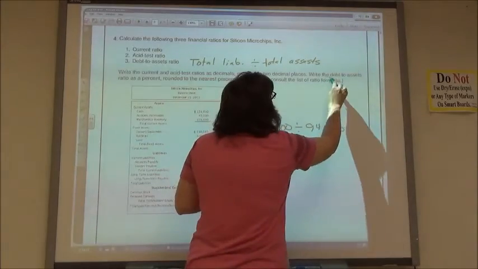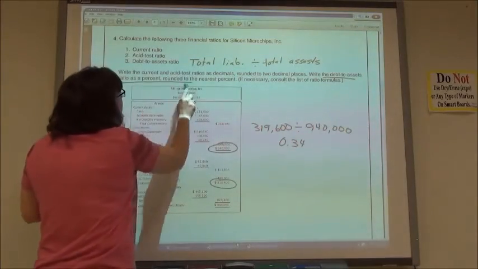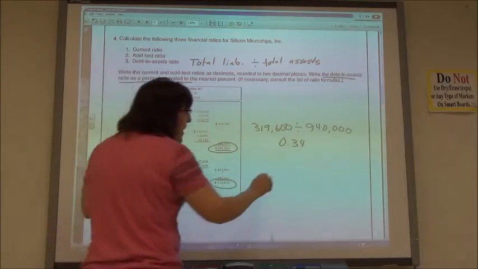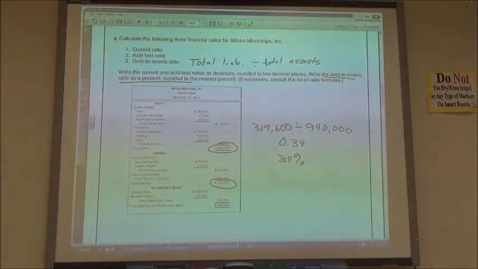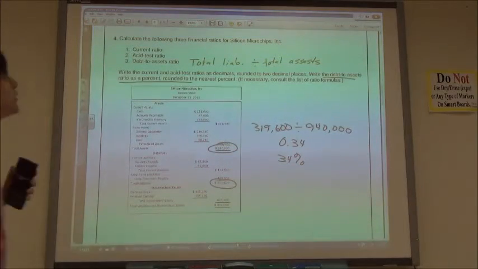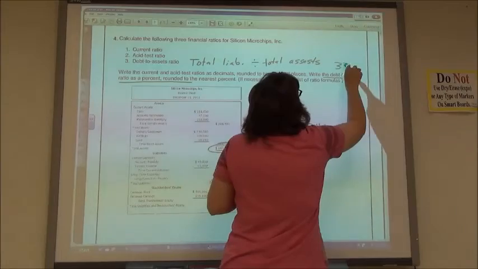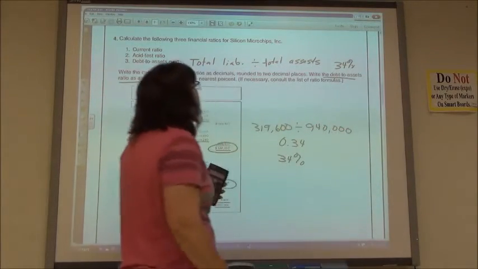But this one says write the debt to asset ratio as a percent rounded to the nearest percent. Well, we don't have to round that one off. We're just going to get 34%, and so 34% should be the answer for the last part of that.